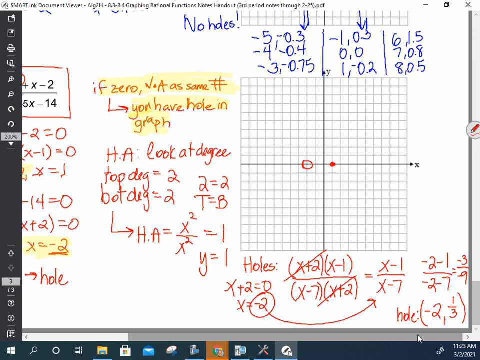So that's another hole for that graph. Will we have to graph it? Probably not. Because you already have a hole at x equals -2. So that hole probably won't get graphed. But at least we know that it exists.